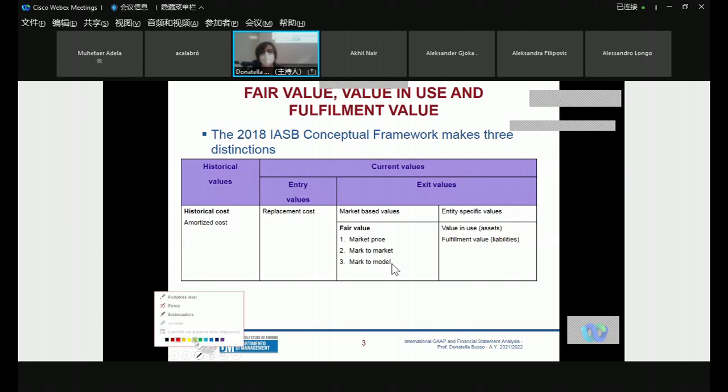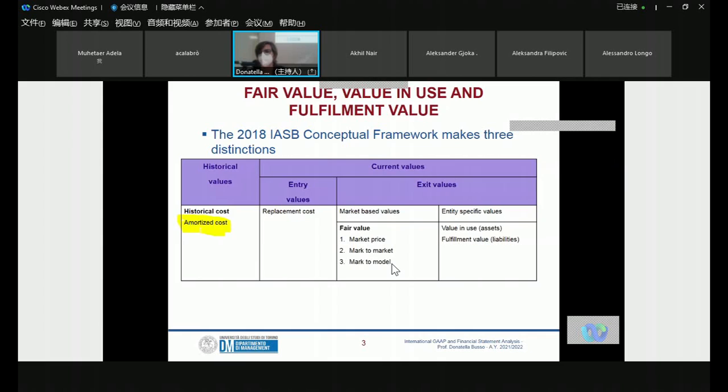It is possible also to use the cost for financial instruments, and in this case, the criterion is called amortized cost. So pay attention. This could be misleading, but the historical cost is used for tangible and intangible assets, for inventories, and so on.